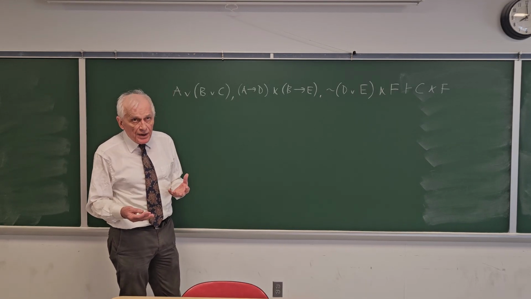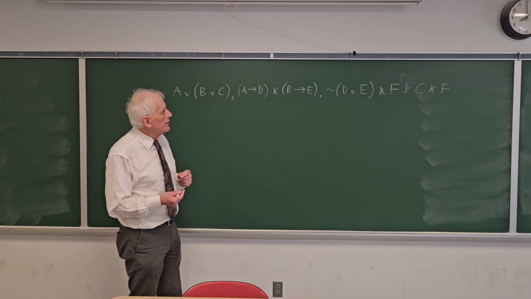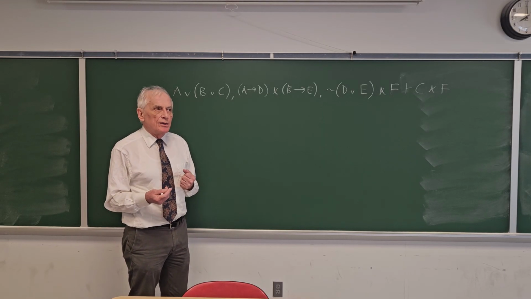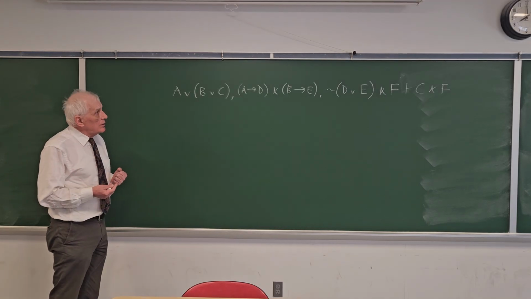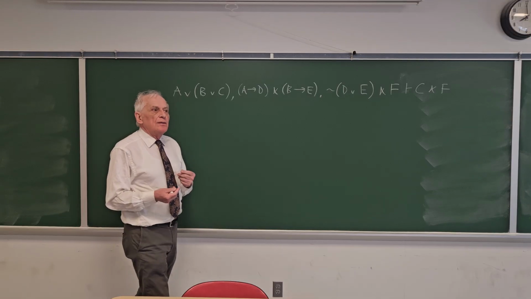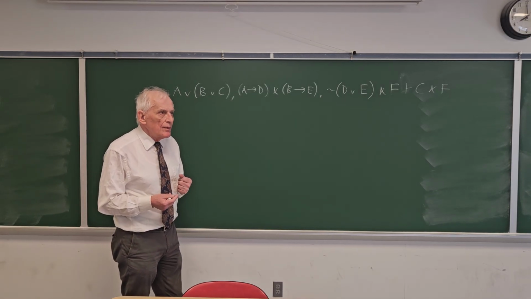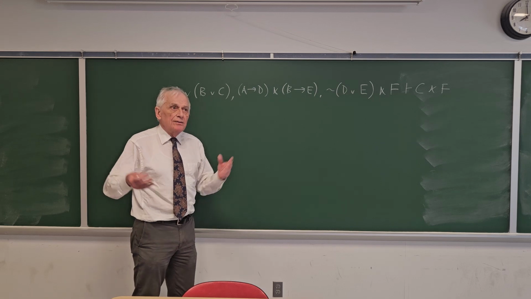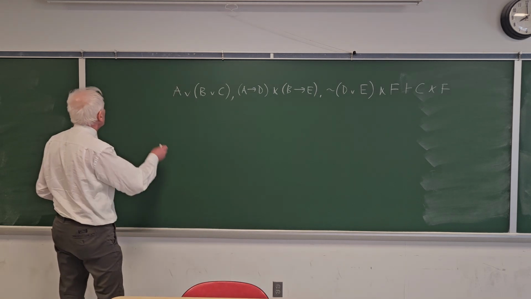Well, we could do the whole table and then go through it line by line and see whether there's a line on which the premises are true and the conclusion false. Or we can use the method where we search for an invalidating assignment. And if we find one, then we know the sequent is invalid. So let's try that.